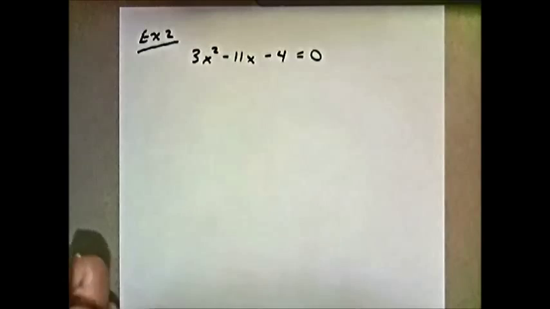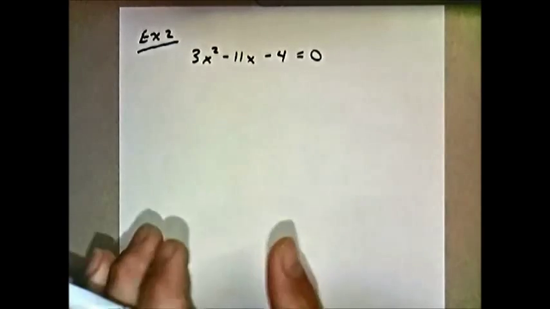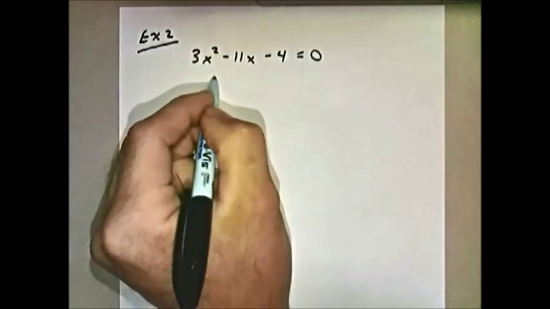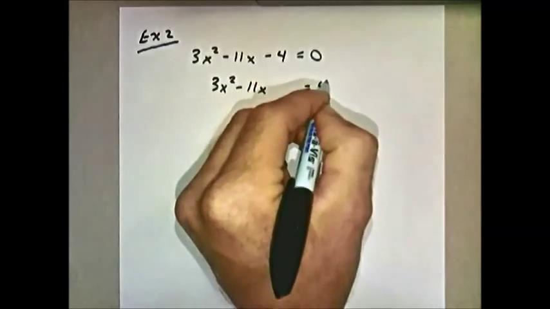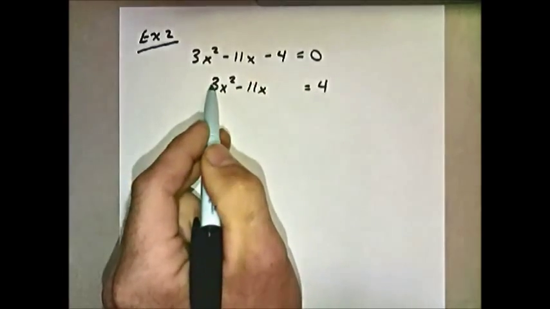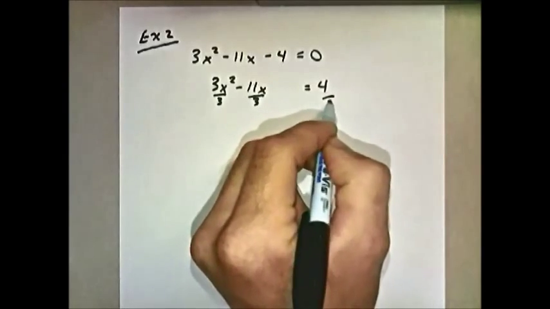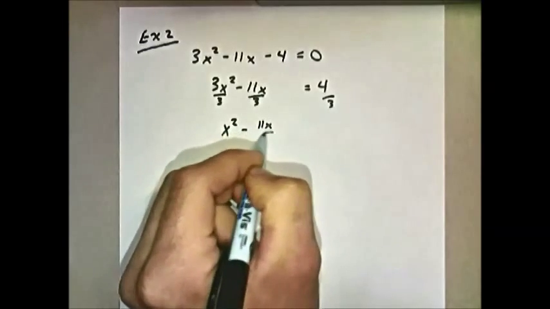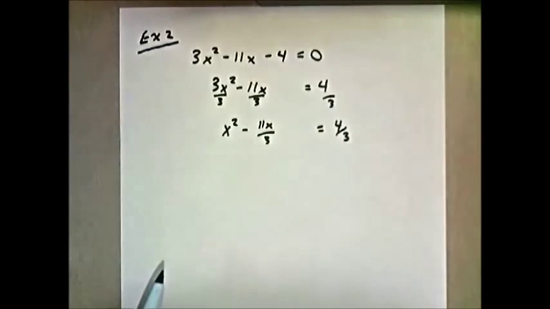However, if we didn't realize it was factorable, what would it look like in completing the square? So we're going to add 4 to both sides. We have that leading coefficient, so we're going to divide it by 3. So we get x squared minus 11x over 3 equals 4/3.